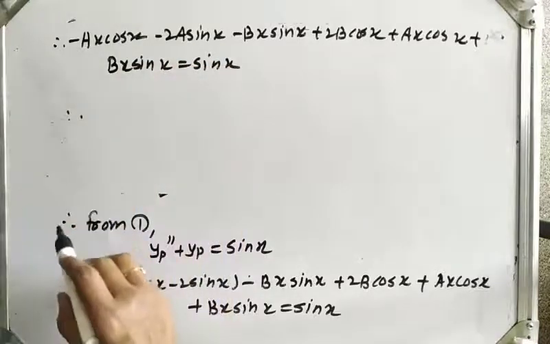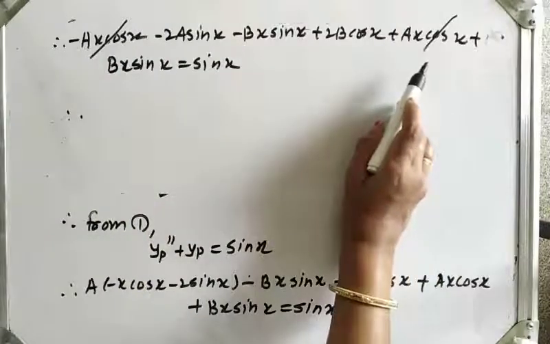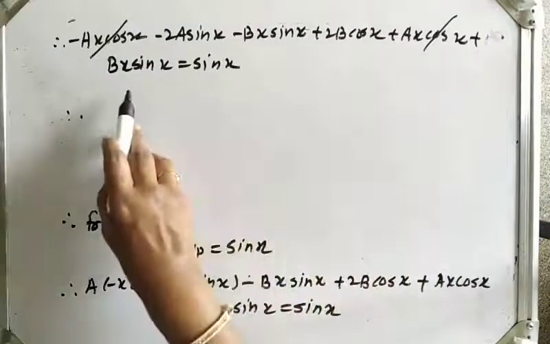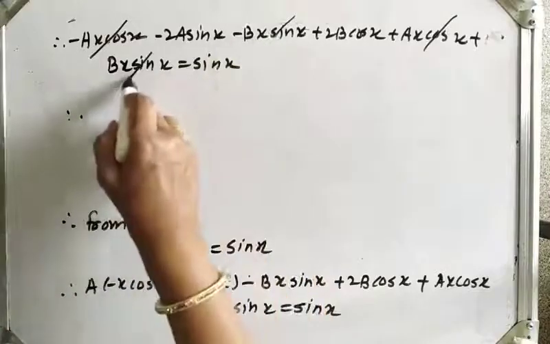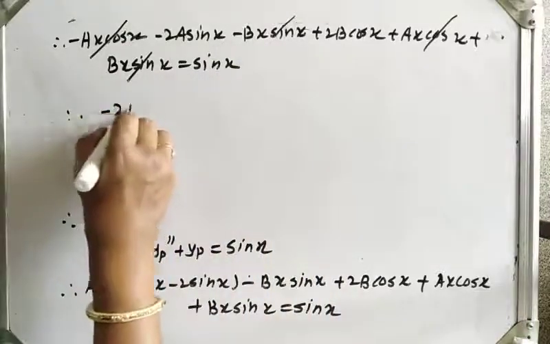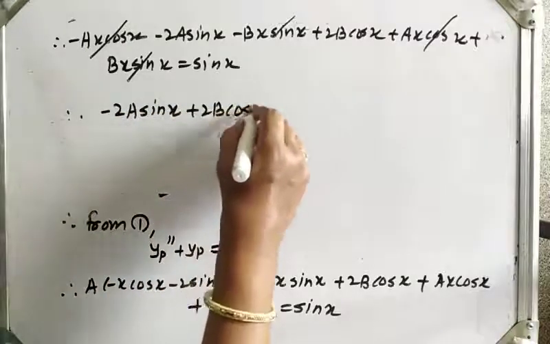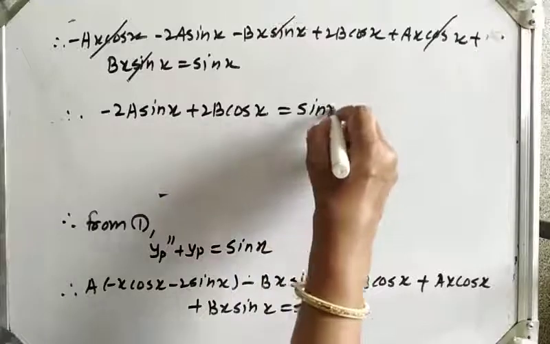Therefore, here minus ax cos x will get cancelled. Then minus bx sin x will get cancelled. What remains? Minus 2a sin x plus 2b cos x is equal to sin x.